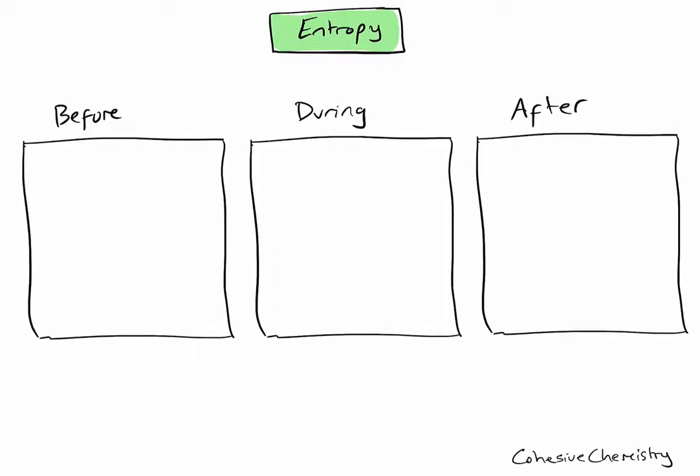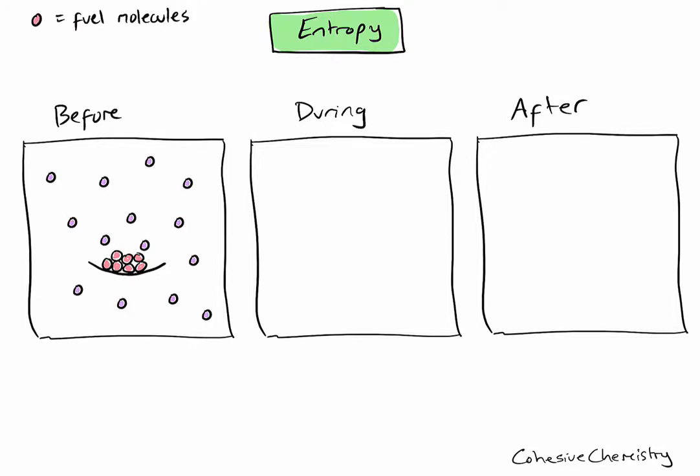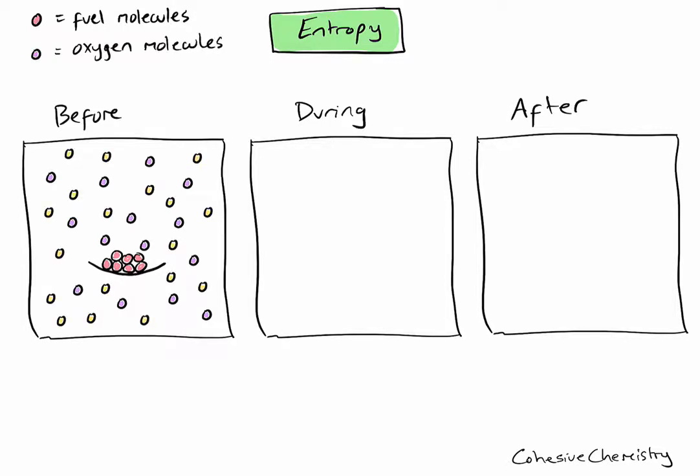Let's draw a dish containing a fuel, which we are going to react with oxygen in the air in a combustion reaction. So the red particles are representing my fuel molecules. The purple particles represent the oxygen molecules in air, and the yellow particles are representing all of the other molecules that we would find in air.